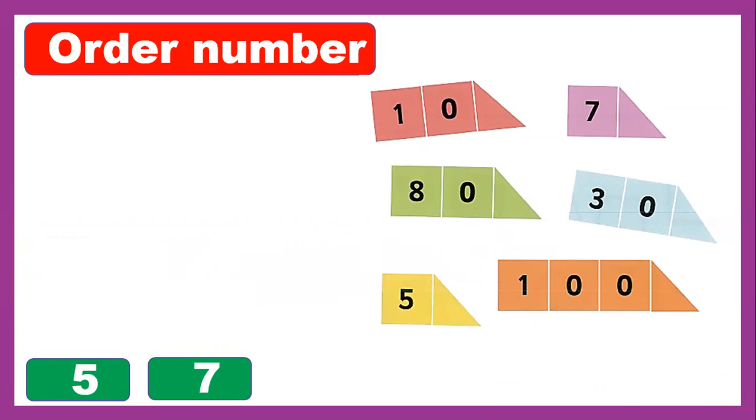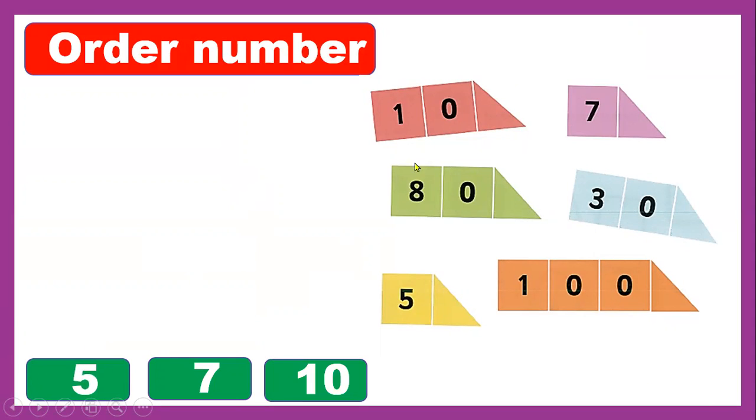When the ones are the same, you have to look at the tens. Now we have 1 ten, 8 tens, 3 tens. So which ten is small? Obviously, this one. This 10 is small, so we will write 10 first.